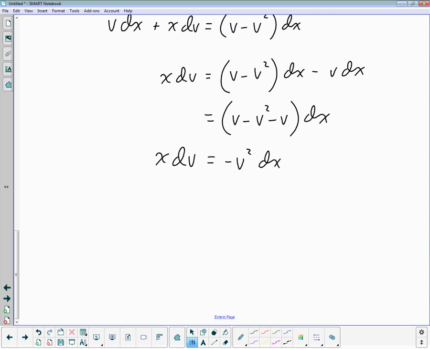Now, this is clearly, we move all of our v's to the one side, we move all the x's to the other, integrate and play. So we have 1 over v squared dv is equal to negative 1 over x dx. Integrate on both sides.